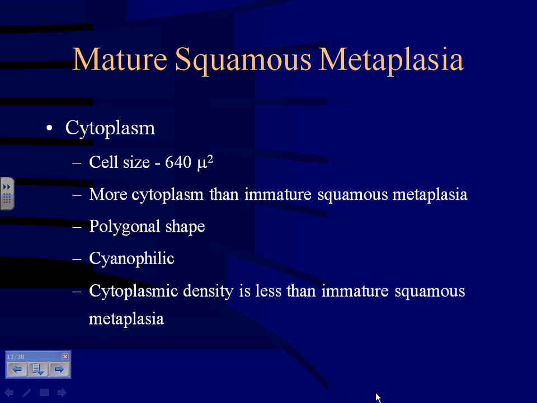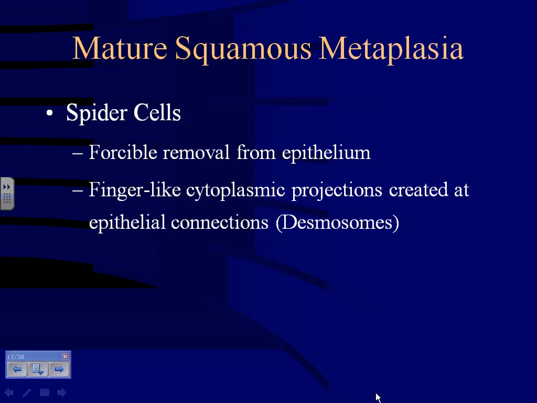But I think that is partly due to the amount of cytoplasm being present, and that some of the cytoplasm in the more mature cells will start to show some degenerative changes and some vacuolization, which can make it look a little less dense. Okay, you'll see some examples of that in just a moment. But the squamous differentiation is quite evident.